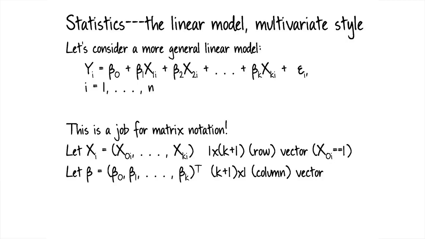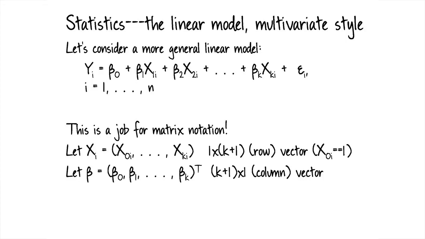Okay, so this is a job for matrix notation. We don't have too much time, but I'll just get started here. So let's replace this whole parade of x's with a row vector, okay? And let's define a new x that's identically equal to 1, and that's called x sub 0.